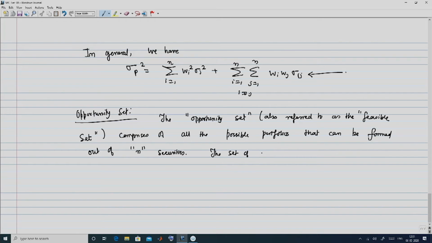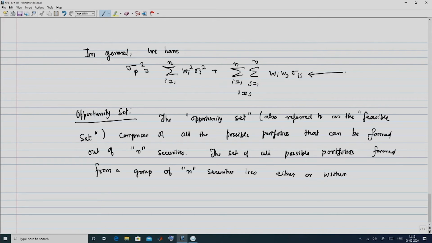The set of all possible portfolios formed from a group of n securities lies either on or within the boundary of the opportunity set.